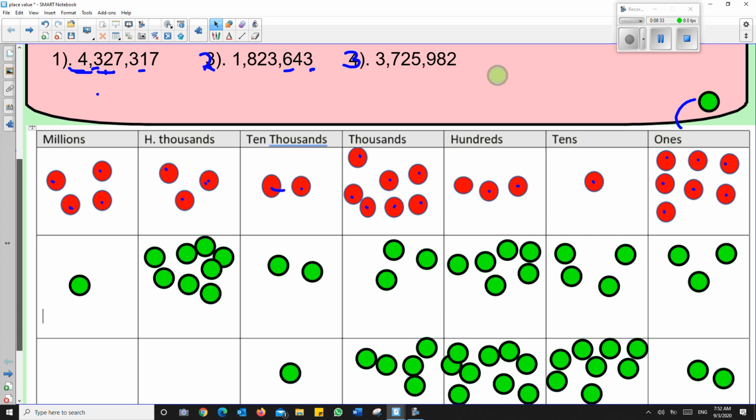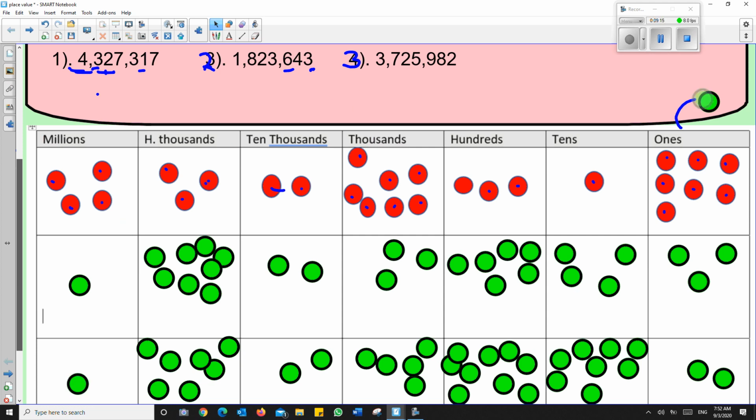In the 100,000 column, there is digit 7, so we need to put 7 counters. And lastly, in the millions column, we need to represent digit 3 by putting 3 counters.